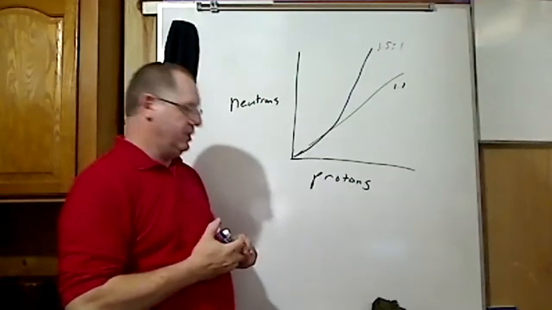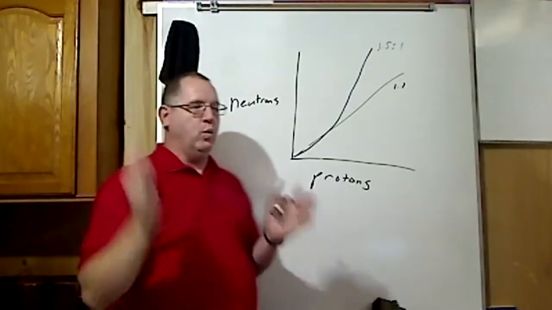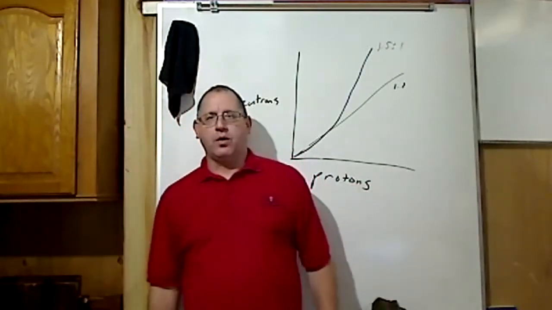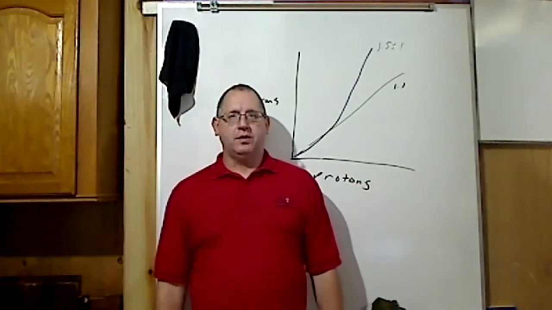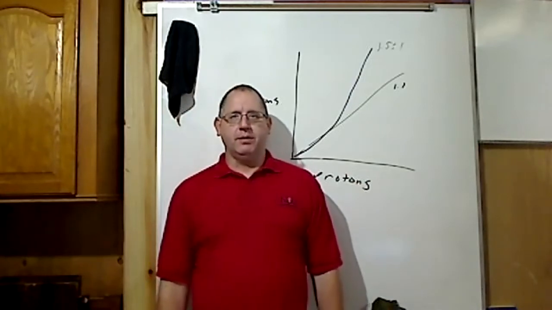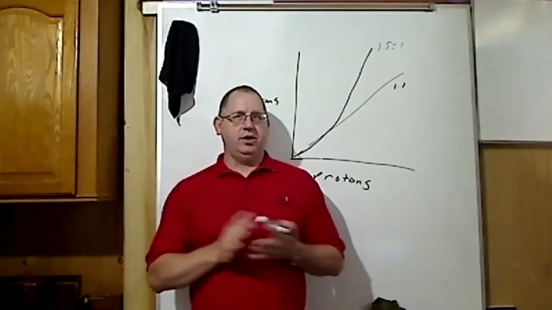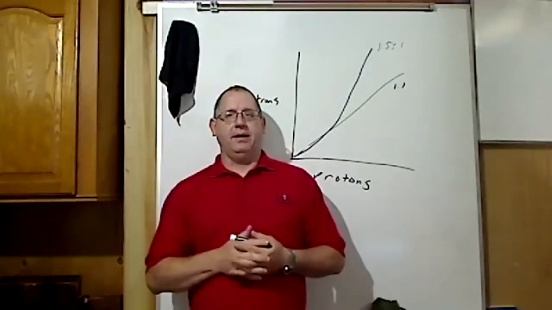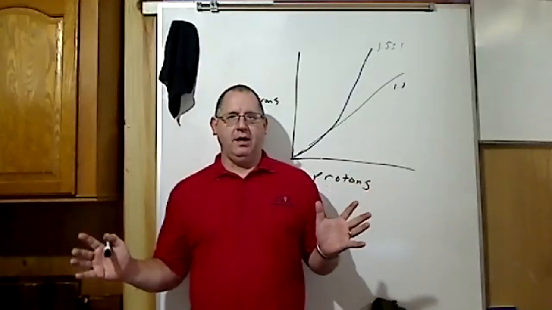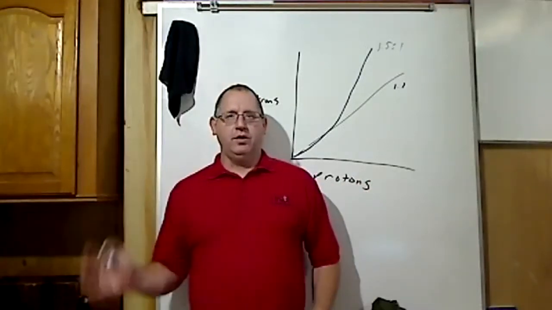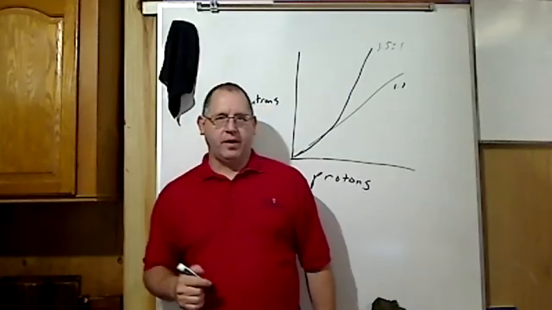Okay. So how do we know which nuclei are going to be stable? We have looked at nuclei and found which ones are stable. So again, we don't really have a calculation that can tell us, but we have a pretty good idea of the ratio of neutrons to protons for different areas.